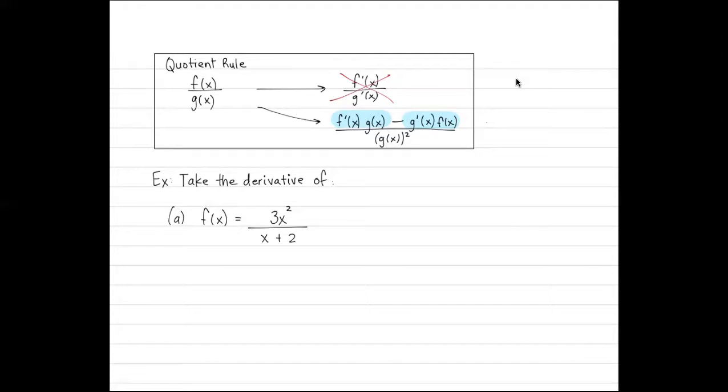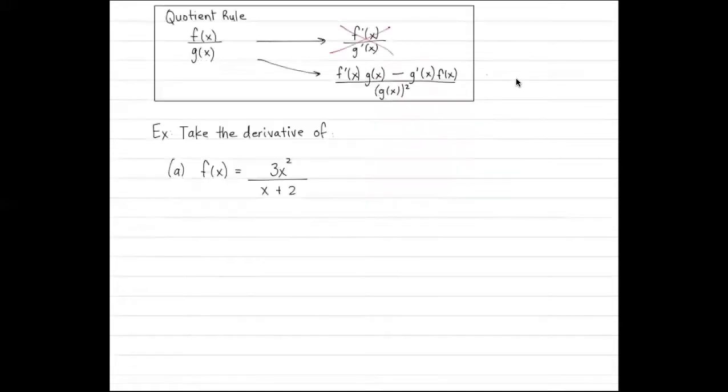Okay, so if I want to use this rule to go through and take the derivative of this function here, there's my top, 3x squared, there's my bottom. Actually, look at that, I did the same thing again. Let's call this h of x, because then this thing here can be my f, and this thing here can be my g.